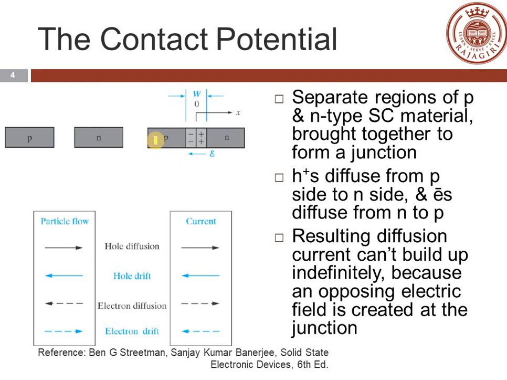Holes will diffuse from P region to N region, so the resulting current is in the same direction as the hole flow. Similarly, electrons will diffuse from N region to P region. The resulting current is in the opposite direction of the electron flow.